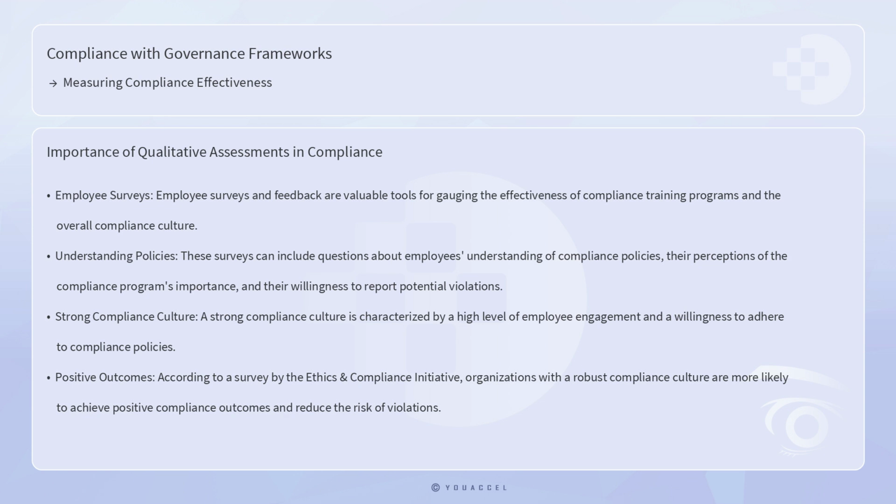A strong compliance culture is characterized by a high level of employee engagement and a willingness to adhere to compliance policies. According to a survey by the Ethics and Compliance Initiative, organizations with a robust compliance culture are more likely to achieve positive compliance outcomes and reduce the risk of violations.